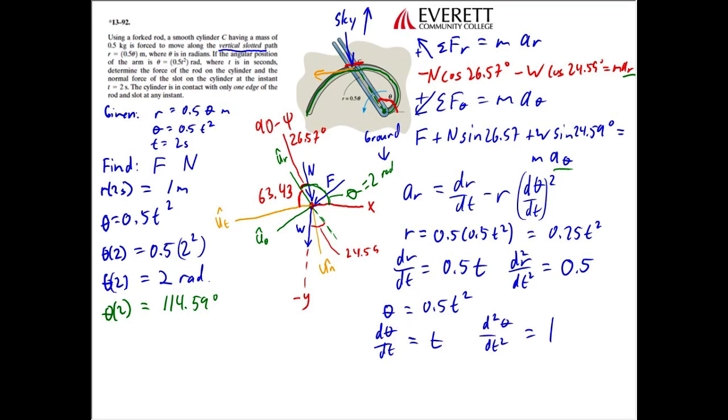Okay, so now we're going to calculate AR and A theta. AR, as we wrote above, is equal to d²r/dt² minus r (dθ/dt) squared. Plug in values for that. Dr dt is 0.5 t. Now t is 2, so 0.5 times 2 is 1. So our dr dt is currently 1.